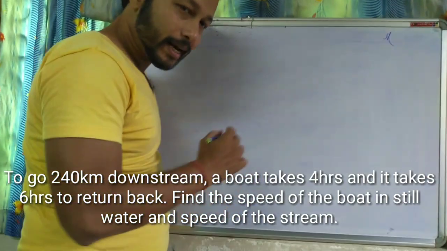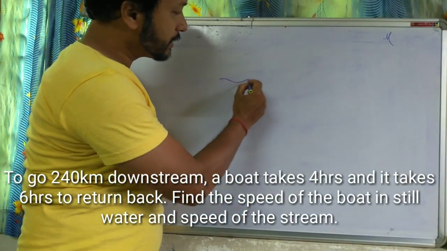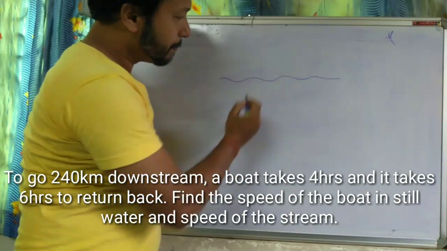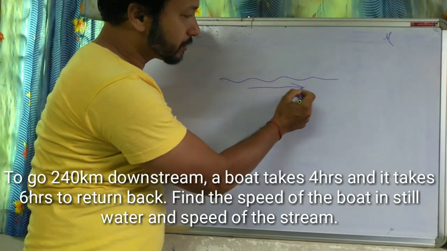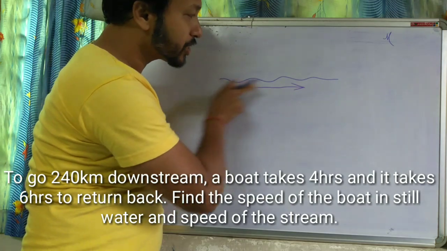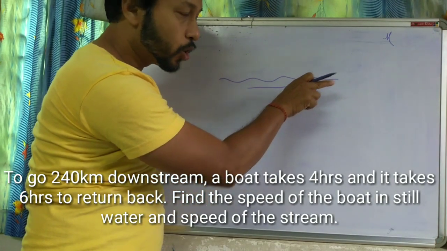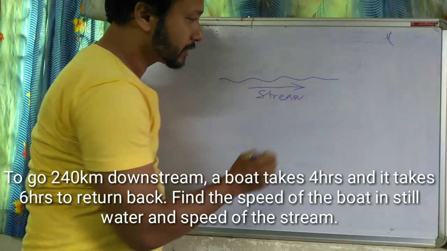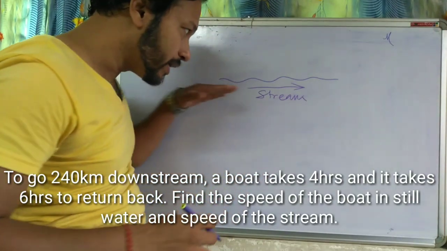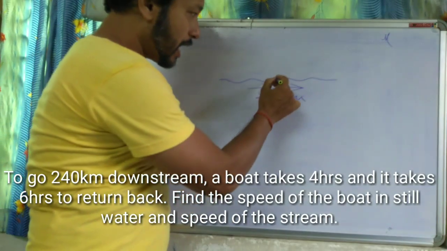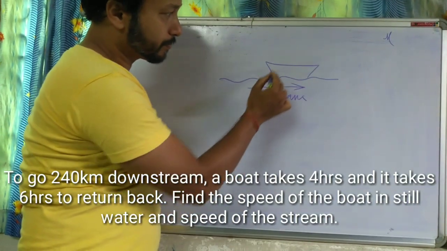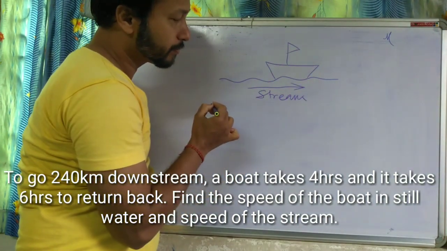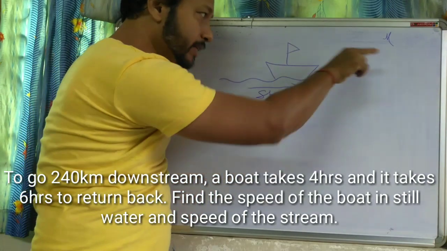First, this is the river. Water is going in this direction. This is the direction of the water, or the direction of the stream, whatever you call it. The stream is going this direction, and this is my boat. The boat is also going this direction.